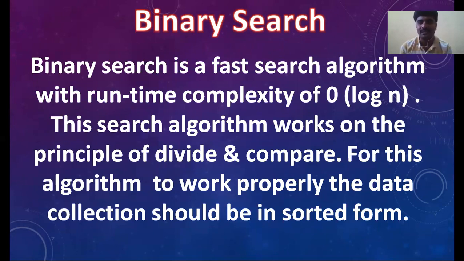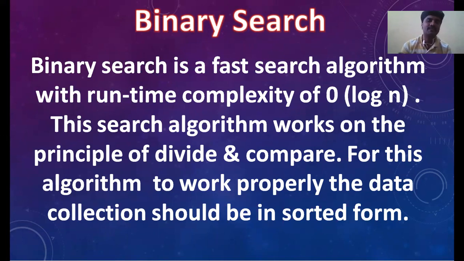Next, the binary search algorithm works on the principle of divide and compare. If we have this many items, we can divide item-wise, and compare each item. For this algorithm to work properly, the data collection should be in sorted form.